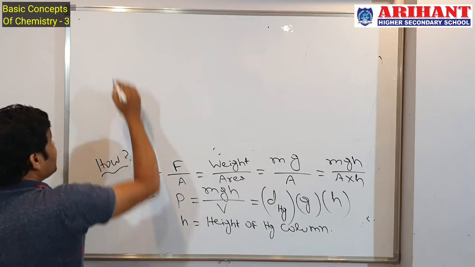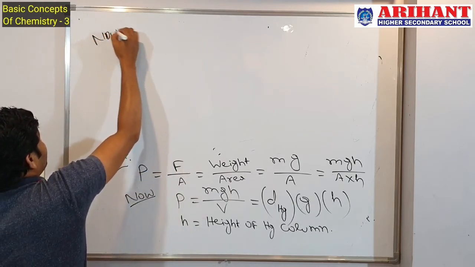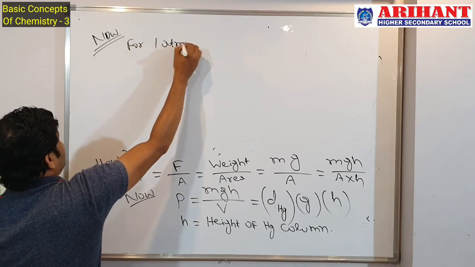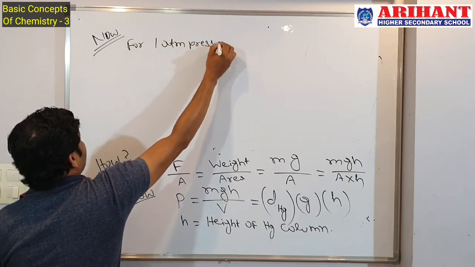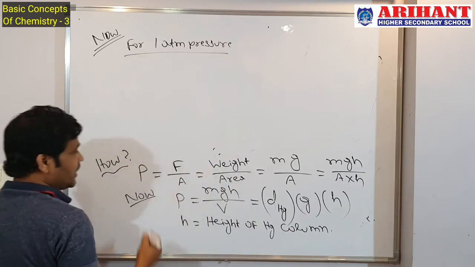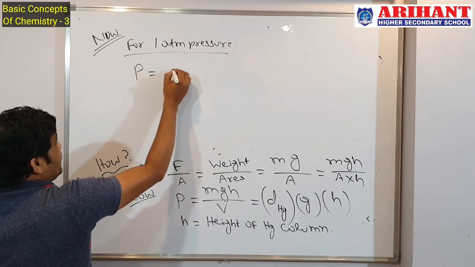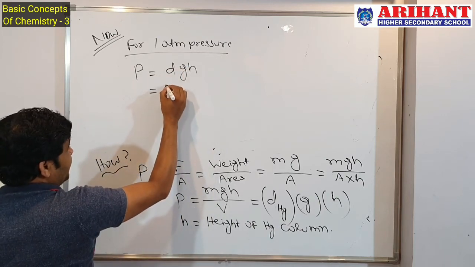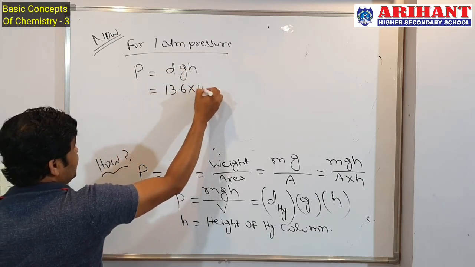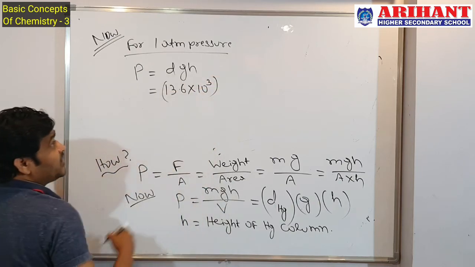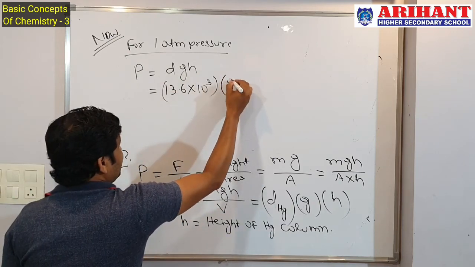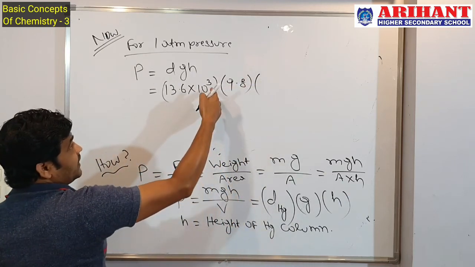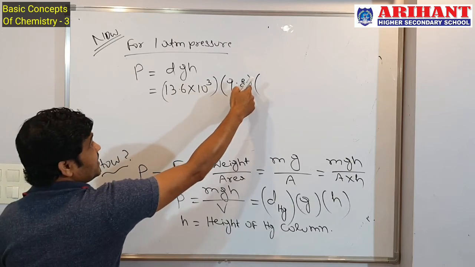Okay. Now for 1 atm pressure, P is equal to dgh. Density of mercury in MKS unit is 13.6 into 10 to the power 3 kg per meter cube. g value is 9.8 meter per second square.